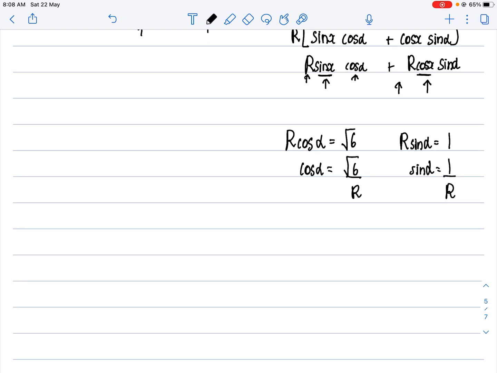Now I can make a right angled triangle. This is what I recommend you always do, it makes the process much simpler. I have a 90 degrees here, and let's say this angle here is alpha.